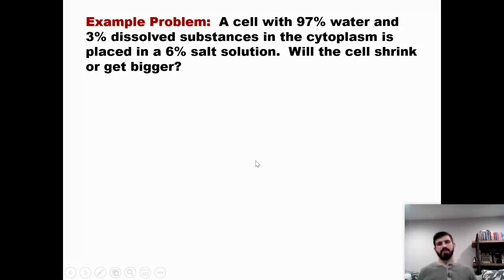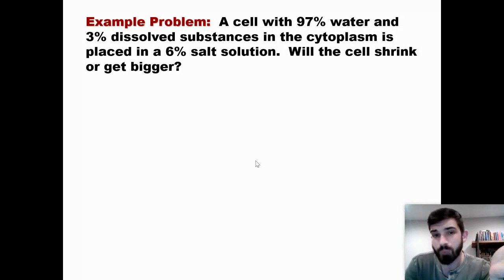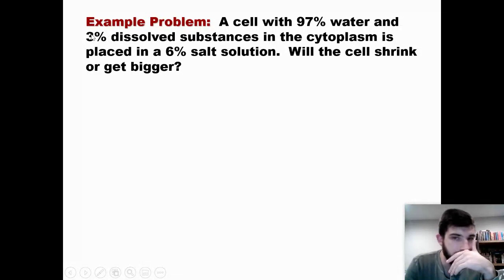Let's do some practice problems here. I'm going to do a practice problem for you, and then I want you guys to answer a bunch on your own. So we have a cell with 97% water and 3% dissolved stuff inside of it, right? That makes sense. 97% water plus the 3% of other stuff makes 100%. Okay.